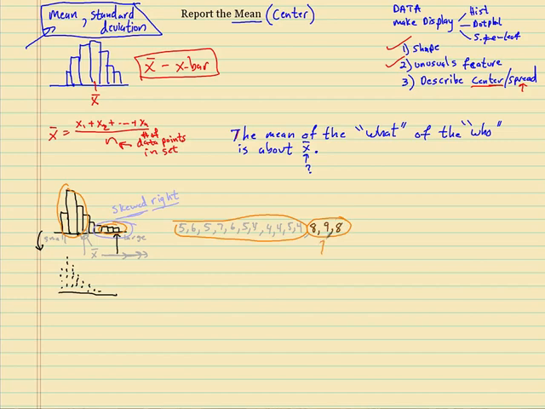So what are these big numbers going to do to the mean? They're going to make it larger, because the average of this might be 5. But when you include 8, 9, and 8, it's going to make that 5 maybe go up to 6. So this would be the right tail. Okay, so when the data is skewed to the right, the mean gets pulled larger.